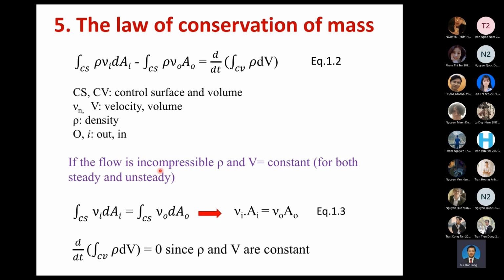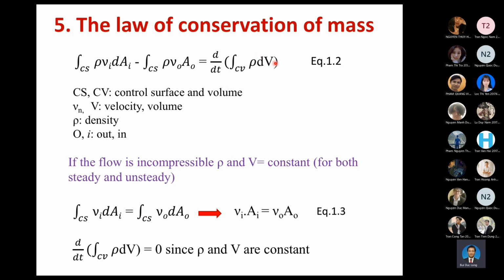So rho and V are constants, and for both steady and unsteady state we can write the first integral for the control system, V_I dA_I, equal to the integral of CS V_O dA_O, because from the above equation you can see rho is the same, constant. So you can divide both left and right terms by rho and simplify.